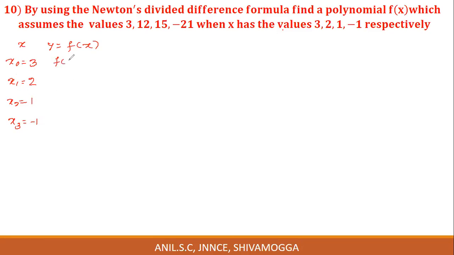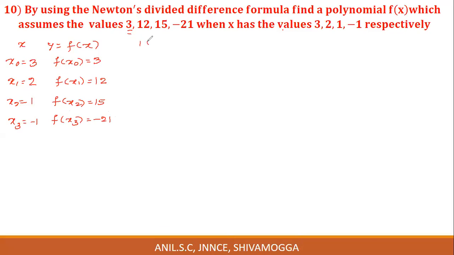Correspondingly, f of x naught is equal to 3, f of x1 is equal to 12, f of x2 is equal to 15, and f of x3 is equal to minus 21. These are the given values.